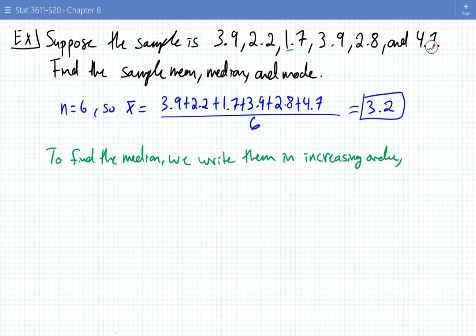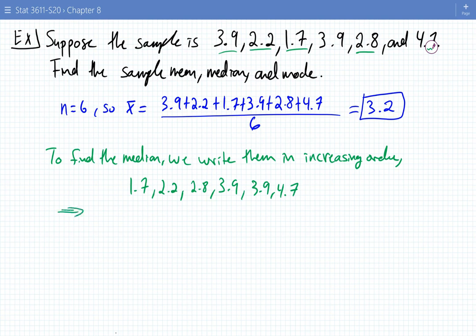Smallest observation is 1.7. Next up, 2.2. Then 2.8. Then 3.9. 3.9 occurs twice. And then 4.7. We do need to list that twice.